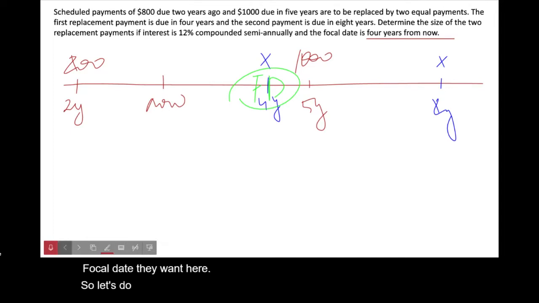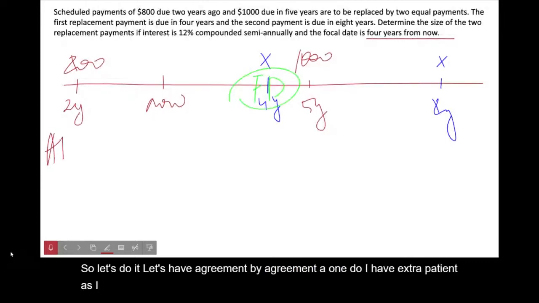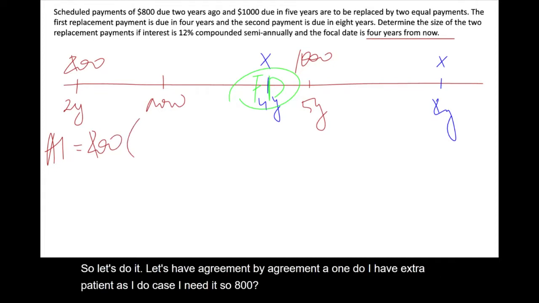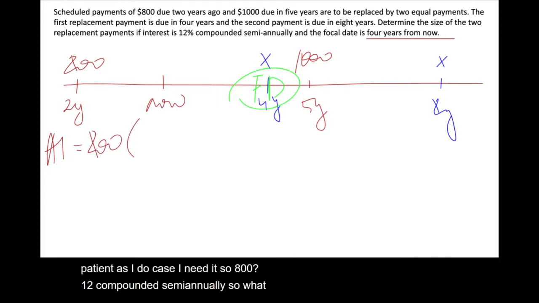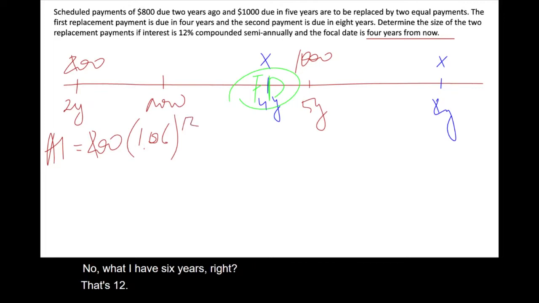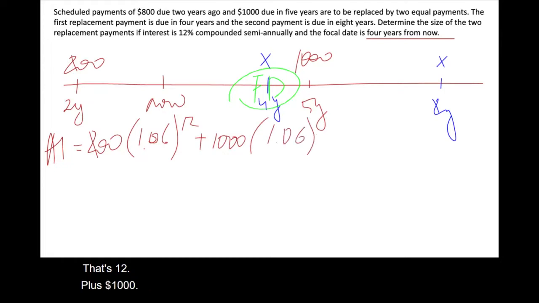So let's do it. Let's go agreement by agreement. A1. Do I have an extra page? Yes, I do. So 800, 12% compounded semi-annually. So what is that? 1.06. Now, what I have, 6 years, right? That's 12, plus $1,000, 1.06 exponent minus 2, right, guys?